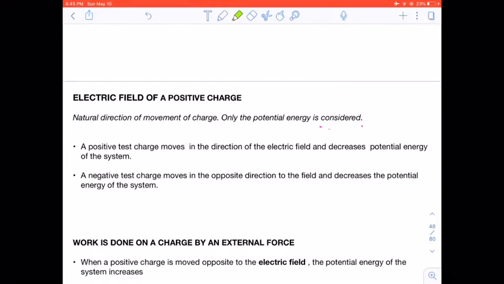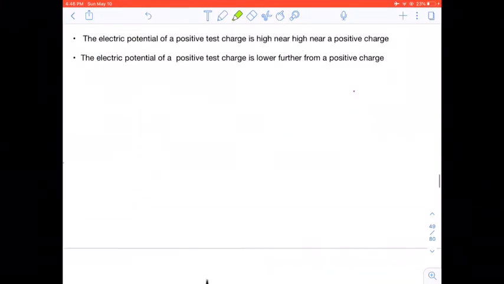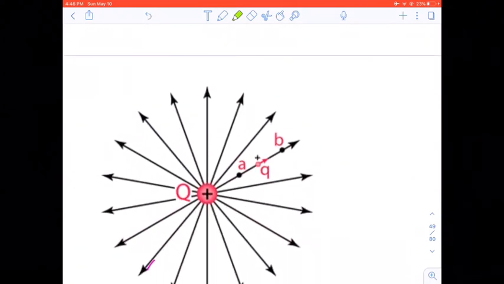So, if we look at the electric field of a positive charge, and here we have the positive charge, right? Let's look at the field.